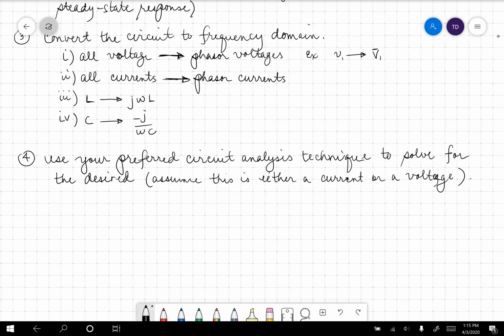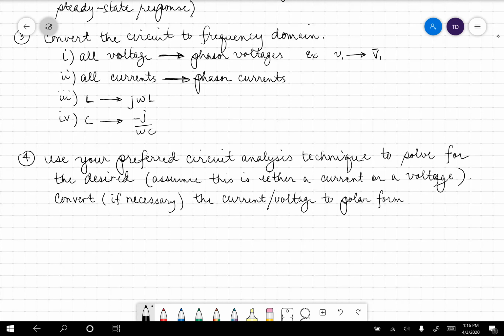If it is, convert if necessary the current or voltage to polar form. So if it's in rectangular form it's no good for us. You've got to make sure you put it in polar form.